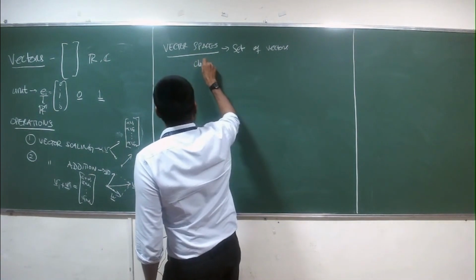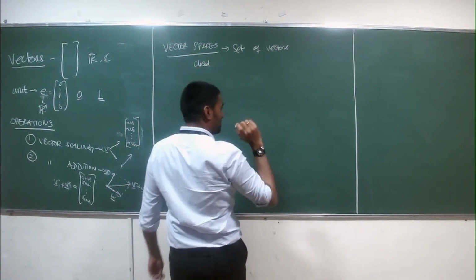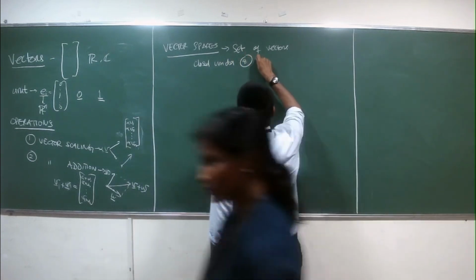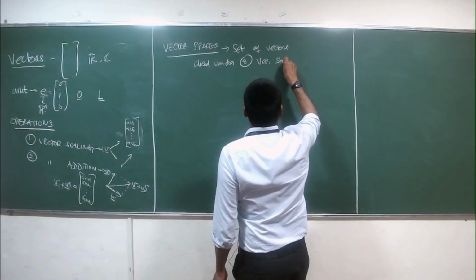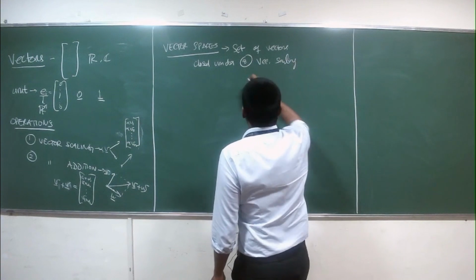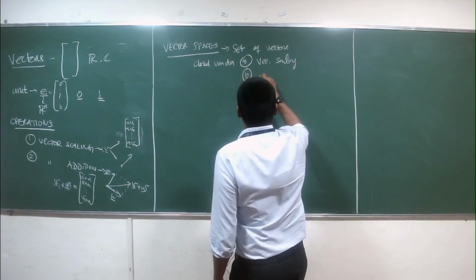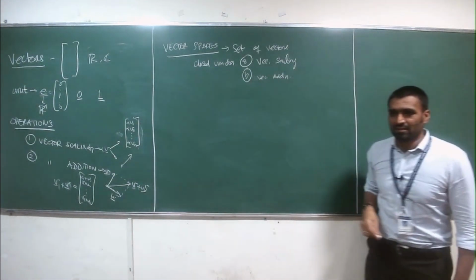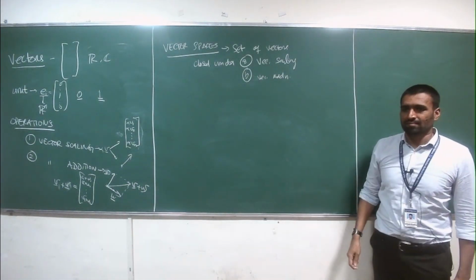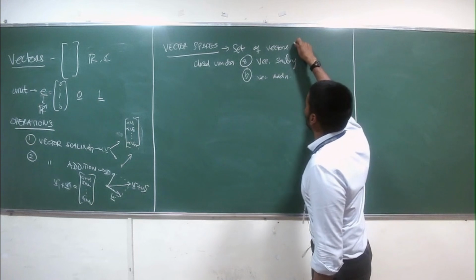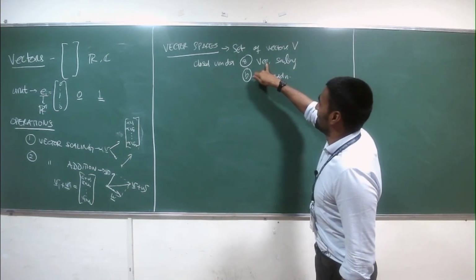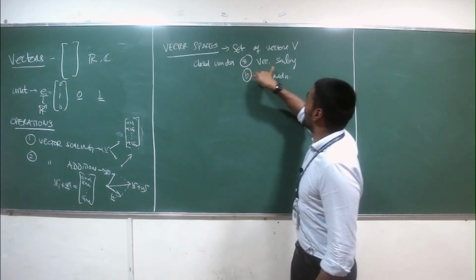So it's closed under vector scaling. And what does it mean to say it's closed under vector scaling? Let's say this set is V. What do I mean by the set is closed under vector scaling?